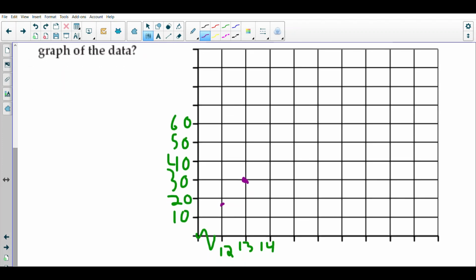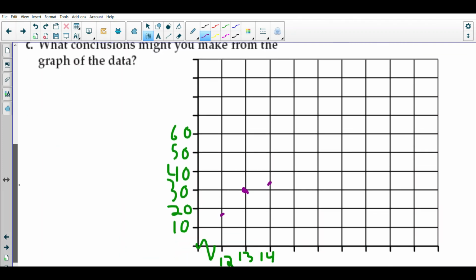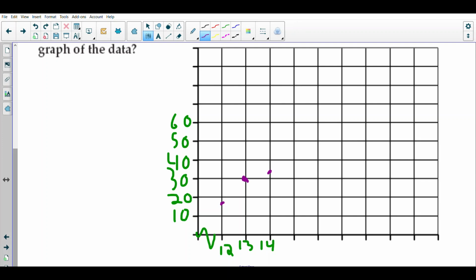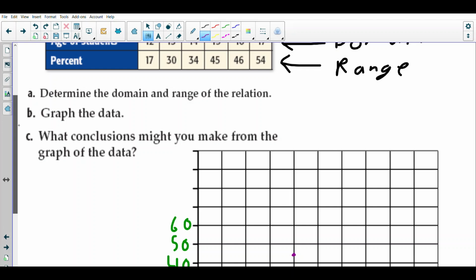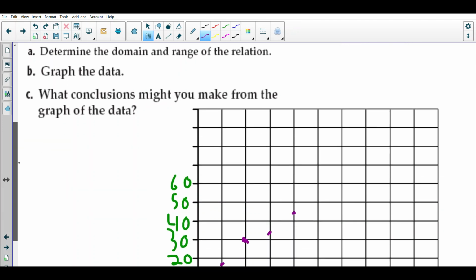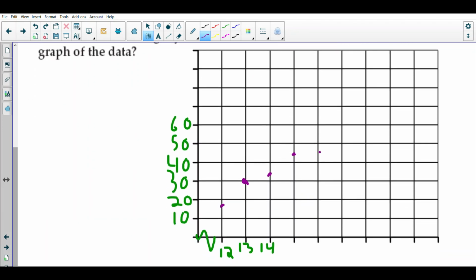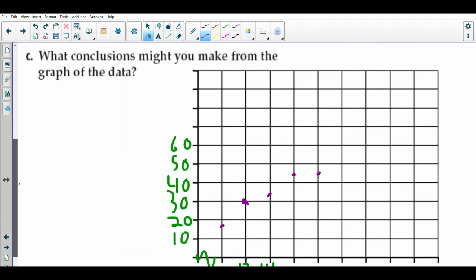14, 34, so a little bit above that. 15, 45, and then 16, 46, not much more above that, and then the last one, 17, 54.